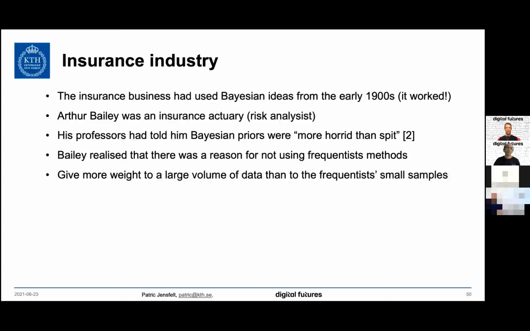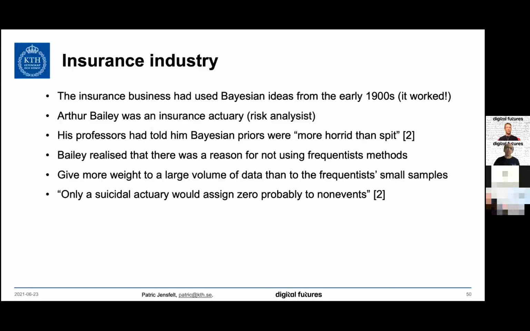It's a good idea to give more weight to large volumes of data than small samples that you have drawn to assess probability. And one of the really killer arguments here is that if you have events that you have never actually sampled, then can you really assign zero probability to that?